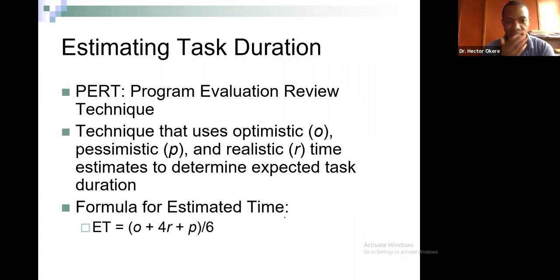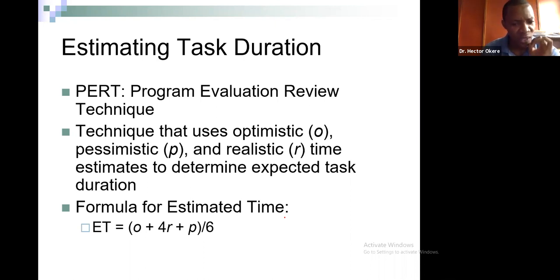So the PERT chart is the Program Evaluation and Review Technique. You use your optimistic, pessimistic, and realistic time to estimate and determine the expected task duration.